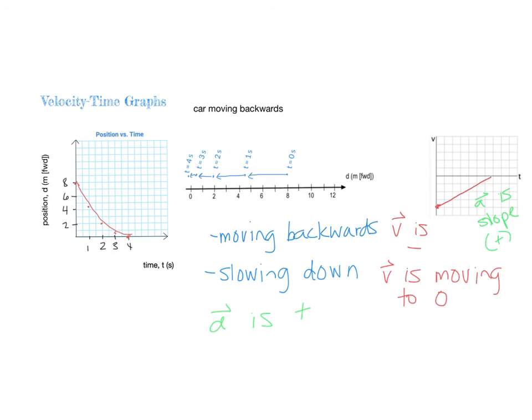And then also here we have, it starts out steep. So it starts out going fast, backwards, and then it's not steep. So it's going to be going more slowly.